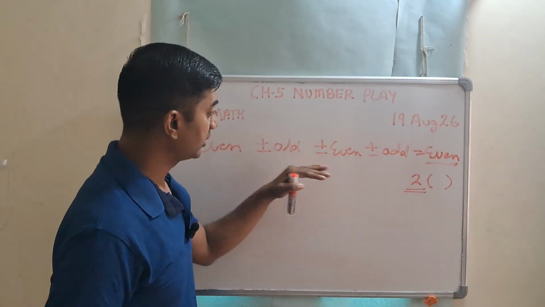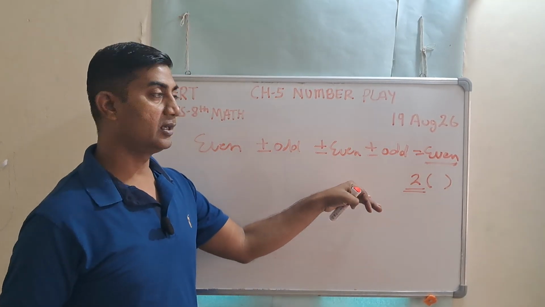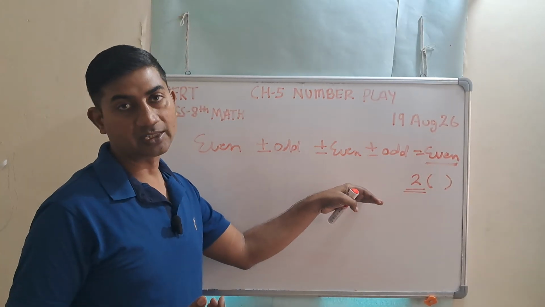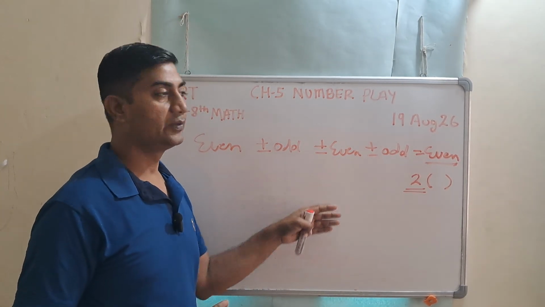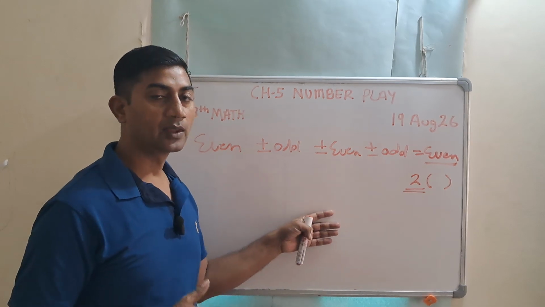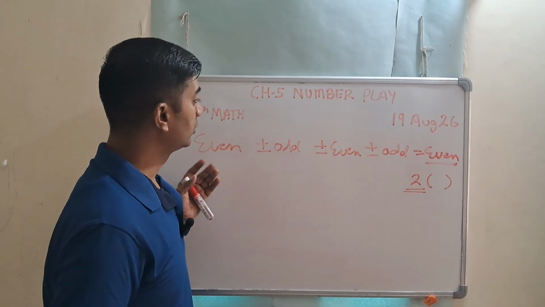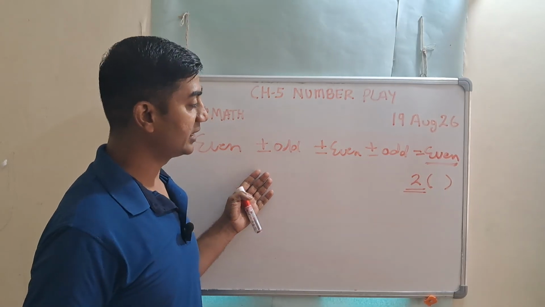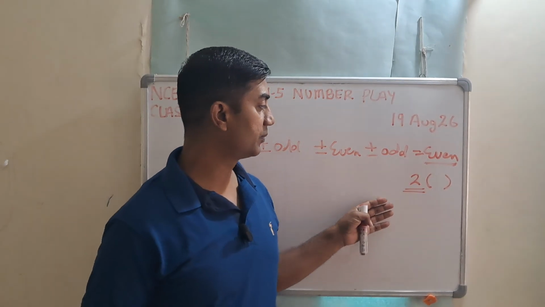We should come to that conclusion, so that it will be retained in our mind and we understand the depth of the concept. In the same manner, we will see the divisibility rule of other numbers also, which are given in your chapter. Understood? That's why we have discussed each and every point mentioned in your chapter step by step.